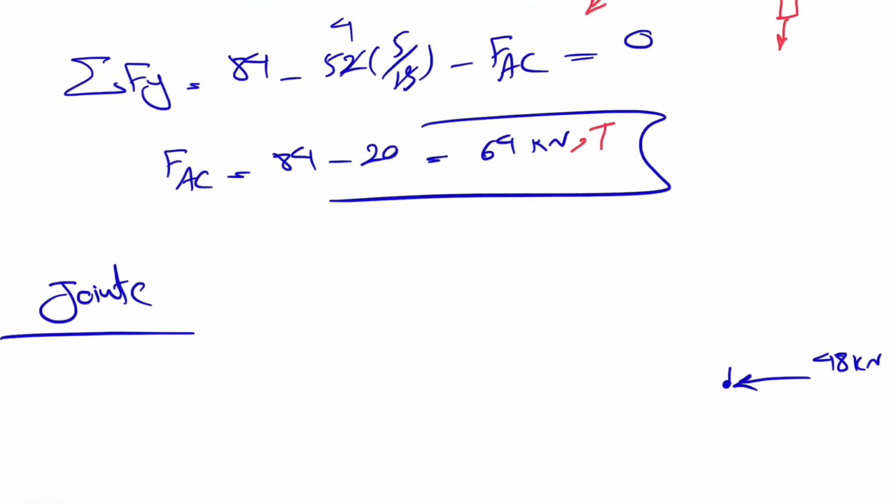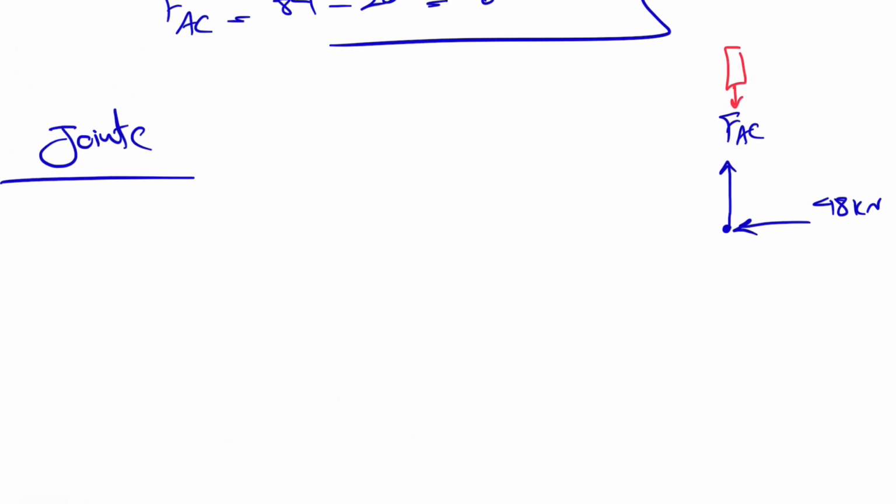Obviously, FAC has to be in this direction based on what we found in the previous step, since the member is in tension. So this is the force that is applied from member to the joint. So the force in the joint has to be upward or in the opposite direction of the force applying from joint to member. And there's one more force, which is FBC.